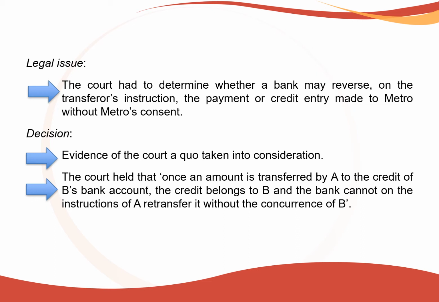The SCA confirmed the finding of the court a quo that once money is transferred by A into the account of B, the money or credit belongs to B, and the bank has to keep it at B's disposal. The credit can only be reversed with B's consent, so Metro's consent is required for the money to be transferred back to Mansour, which, on the set of facts, Metro did not give. The bank was correct not to allow Mansour's instruction.